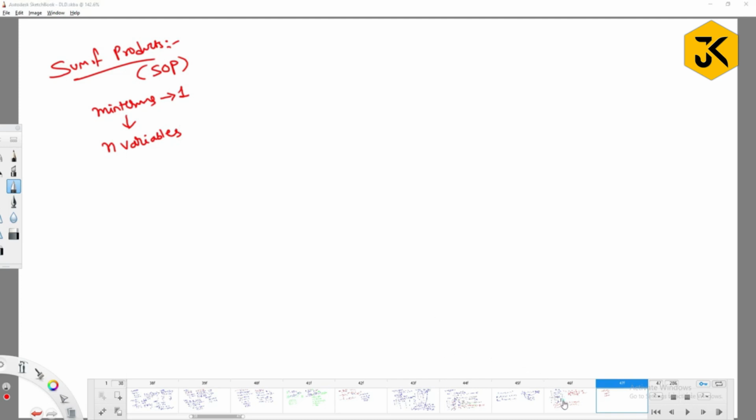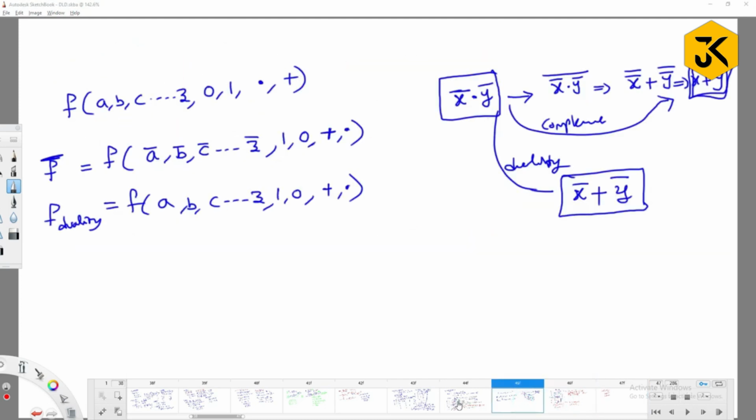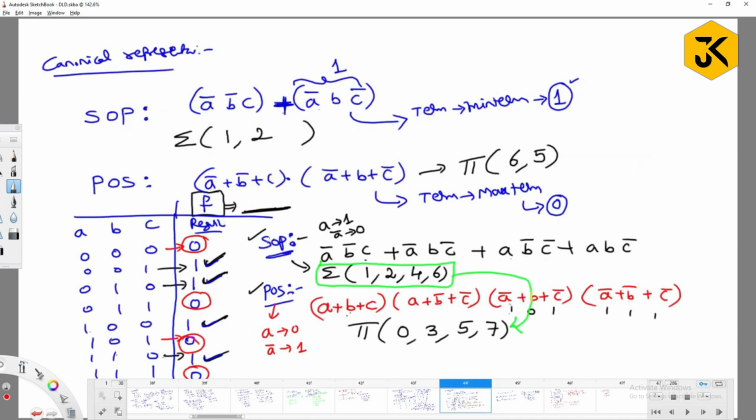If you observe this example, a min term contains all the variables I used, a, b, c, either in complemented or non-complemented form. If I say a max term is a kind of product of sums, this max term also contains all the variables in either complemented or uncomplemented form. That is the first and basic criterion you have to satisfy.